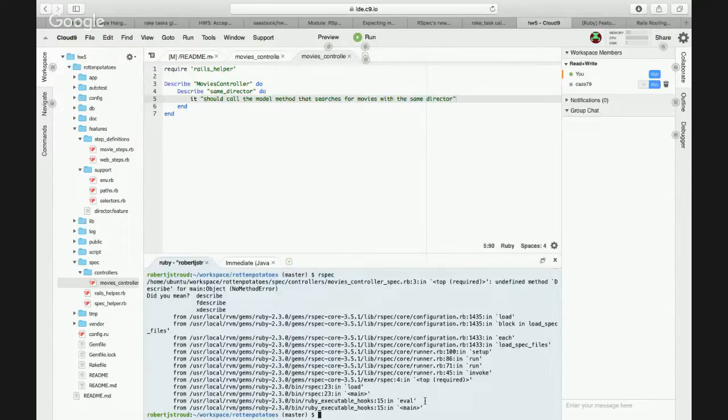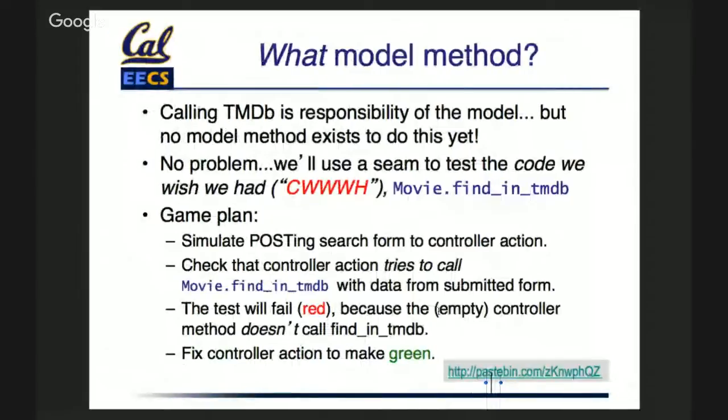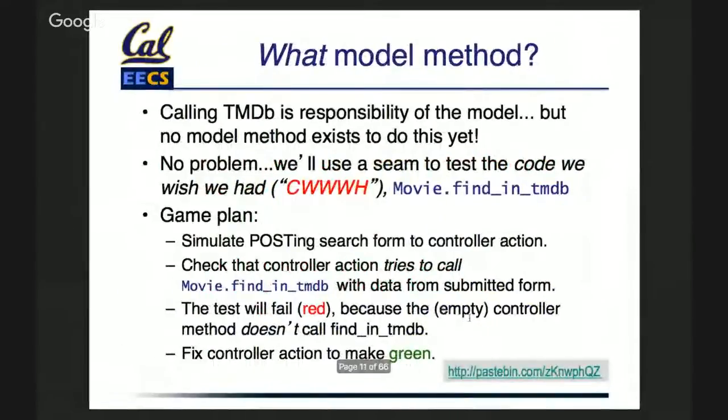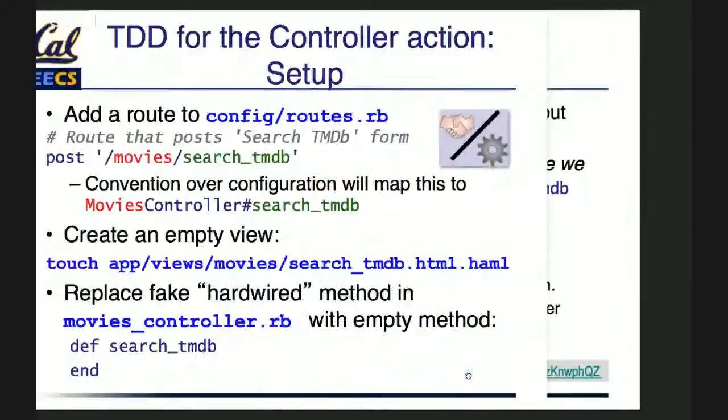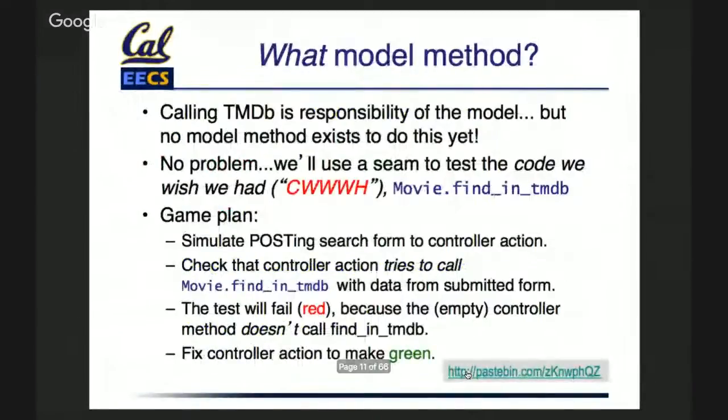Movies controller, line 3, on define method. Do you think it's describe or is it define? Which is the syntax? I think it's describe without the capital. Hang on, I have some slides from the class. So this is another example.